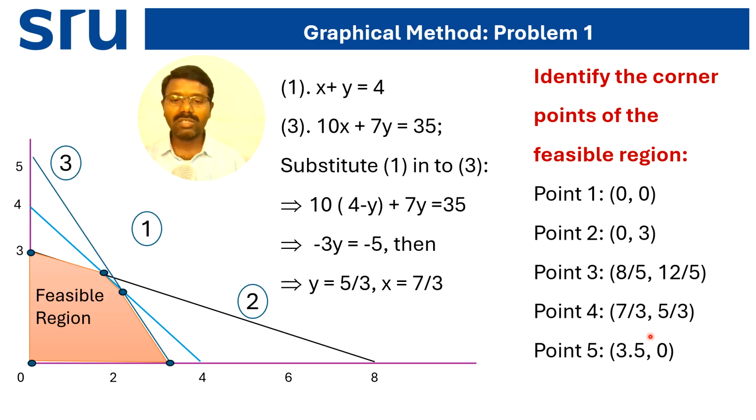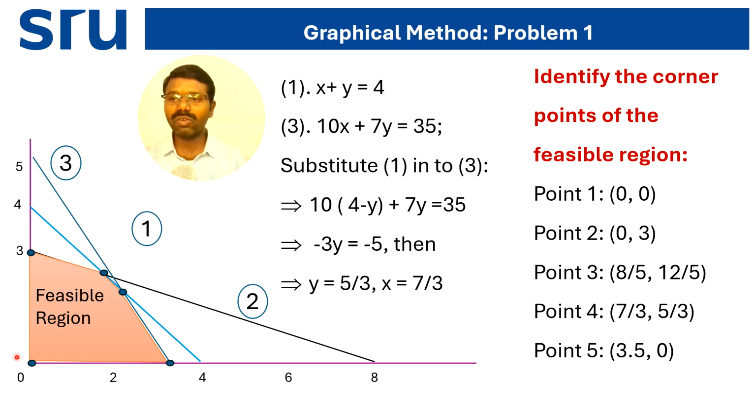So now this is the fourth point, 7 by 3 comma 5 by 3, and the next point we already know, this is 3.5 comma 0, because the third equation is intersecting the axis at 3.5 comma 0. So these are the 5 points, the corner points of the feasible region.